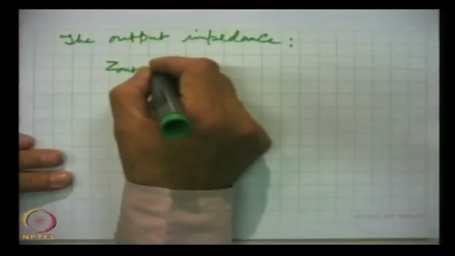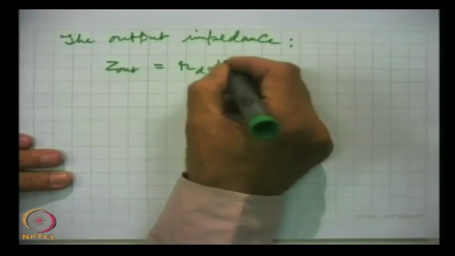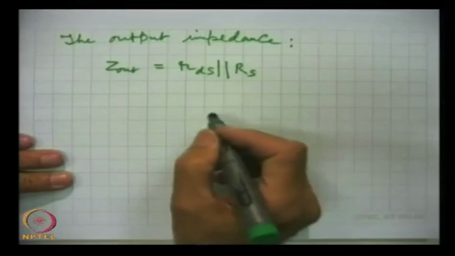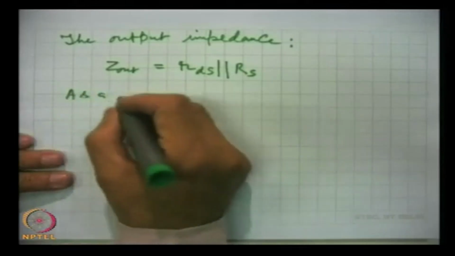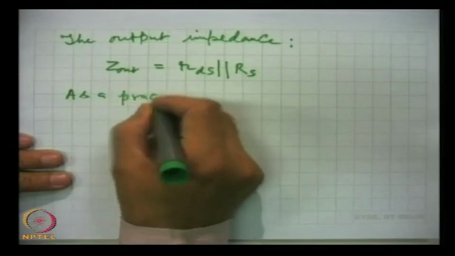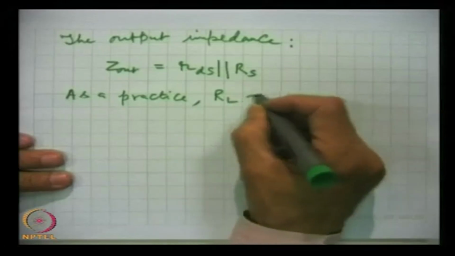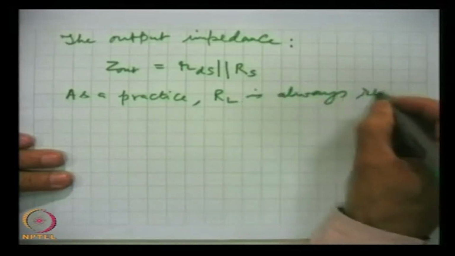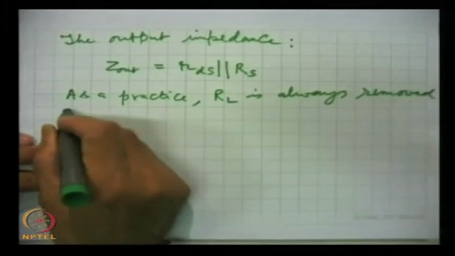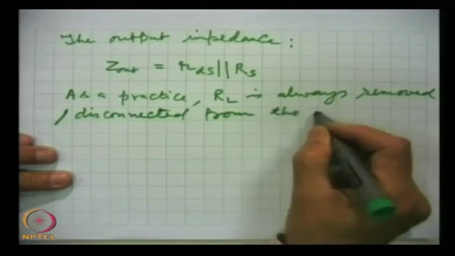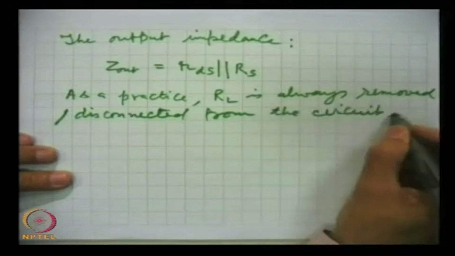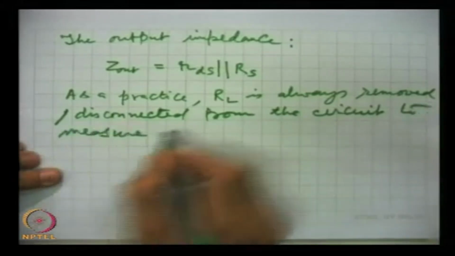Therefore, the output impedance Z out, this is equal to R ds in parallel with Rs, and as I said, as a practice, RL is always removed, disconnected from the circuit to measure Z out.